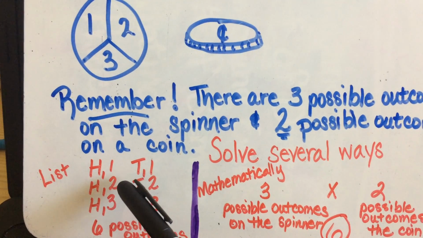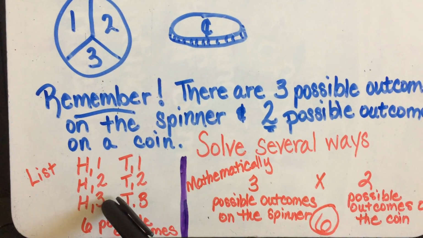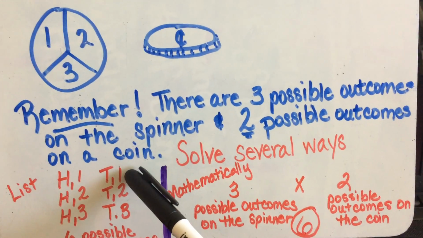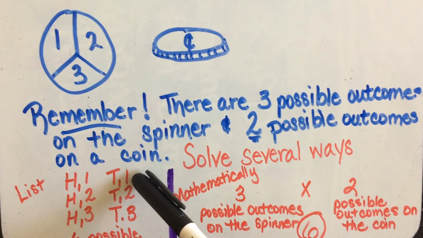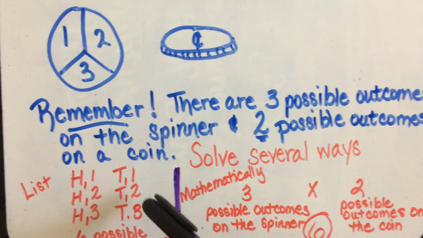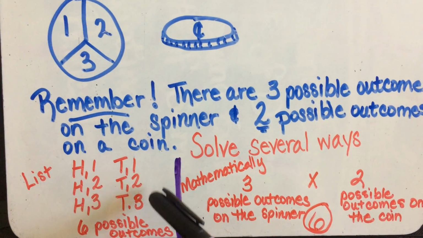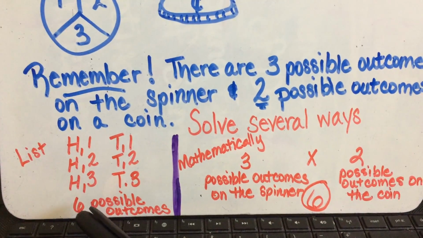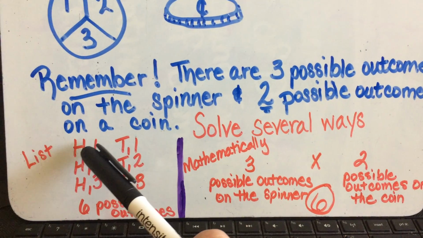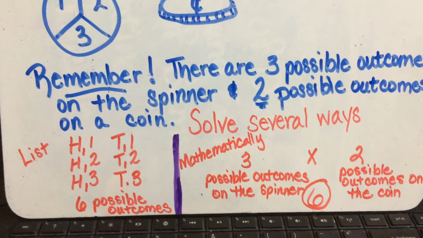Heads and 2, heads and 3, or tails and 1, tails and 2, and tails and 3 on the spinner. So there are your possible outcomes, 6 of them, because there are 2 sides to the coin and 3 outcomes possible on the spinner.